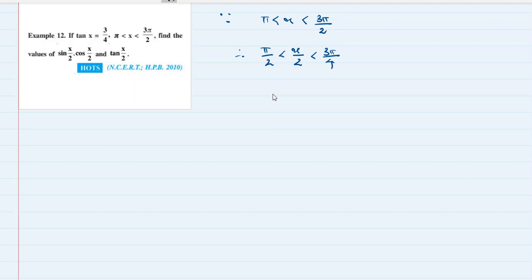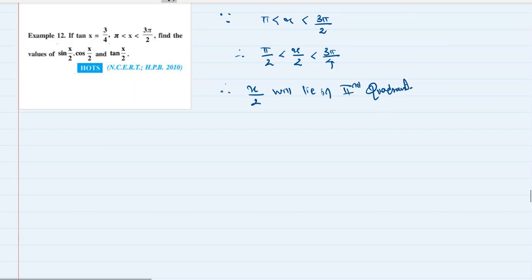Pi by 2 is 90 and 3 pi by 4, if you convert it in terms of angle, comes out to be around 135 degrees. Let me check: 3 into 180 divided by 4. 2 2s are, 2 90s are, 2 45s are, yes, 135. So your x by 2 is between 90 and 135. That is the second quadrant. Therefore x by 2 will lie in the second quadrant.